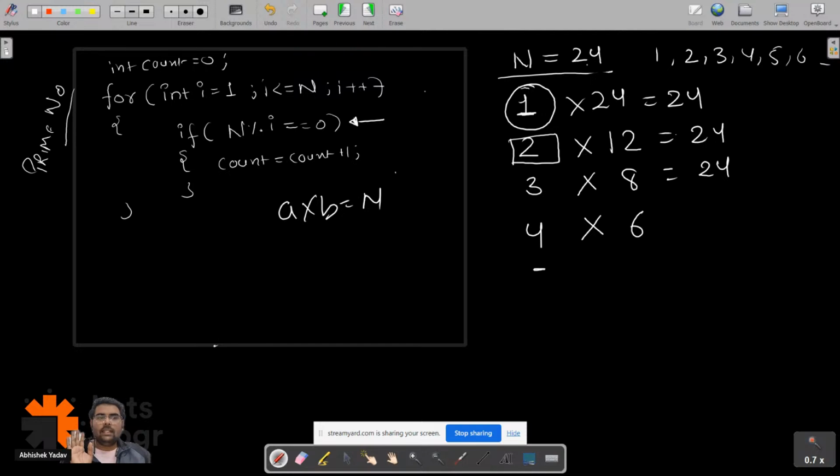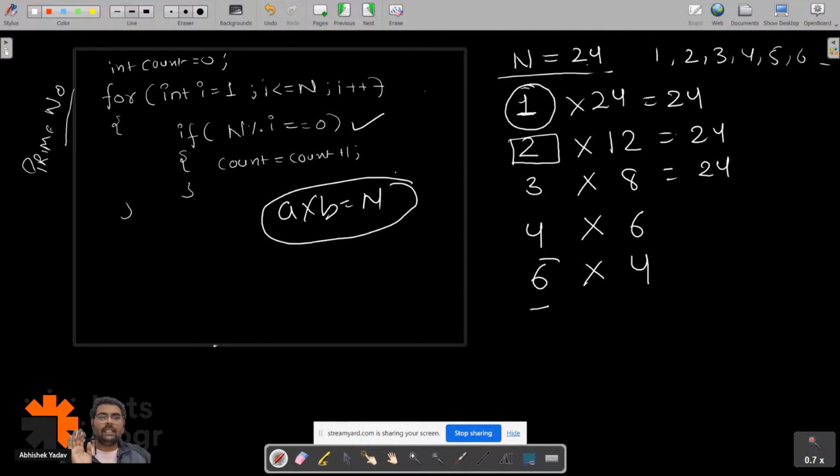After that, for 5, this if condition will be false, and there is no need to do the checking here, right? Now I have 6. For 6, the condition will be true, that is 6 is a factor of 24. So if 6 is a factor of 24, I can easily get the next factor with the help of this equation.